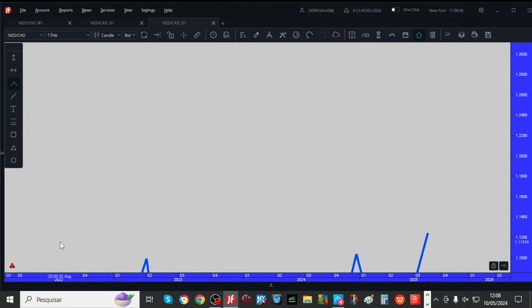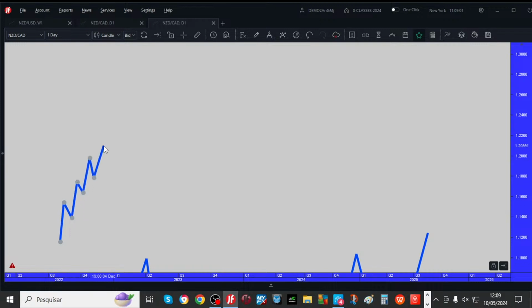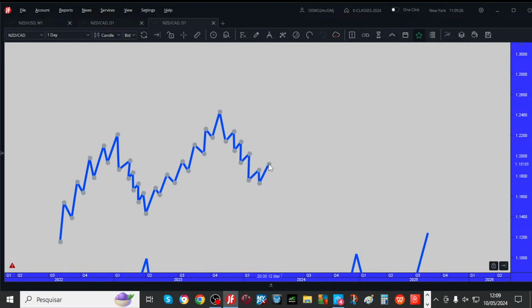So an up market wave is going to make higher highs, higher lows, higher highs, higher lows, and so on, then a crown, then lower low, lower high, lower low, lower high, and so on, then a crown, then higher high, higher low, higher high, and so on, and so on, and so on.